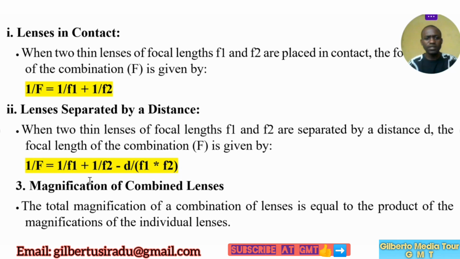So in this part 1, let's also talk about magnification of combined lenses. When you say magnification, what is the magnification? Magnification is the measure we can use to see whether the image is magnified or diminished.